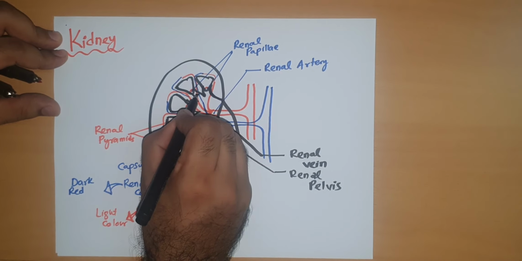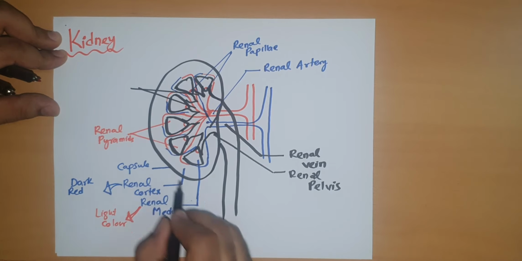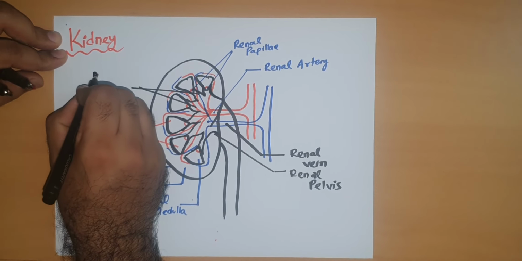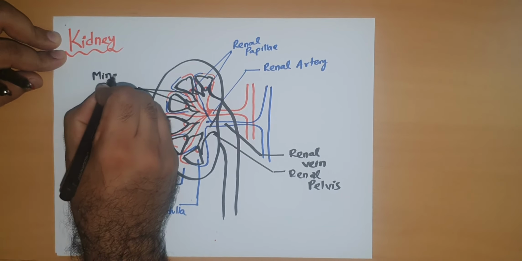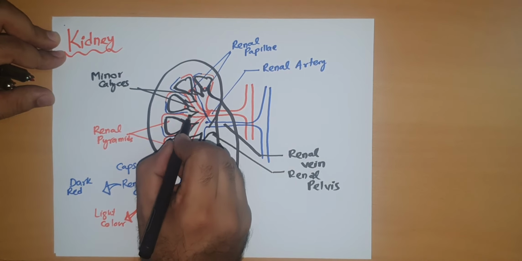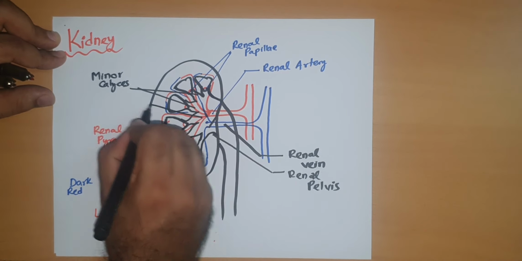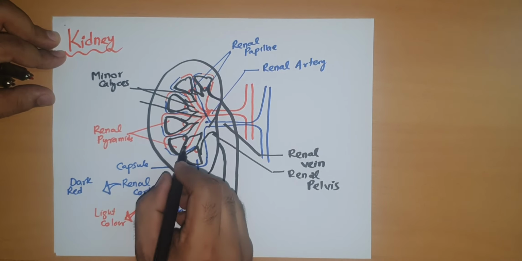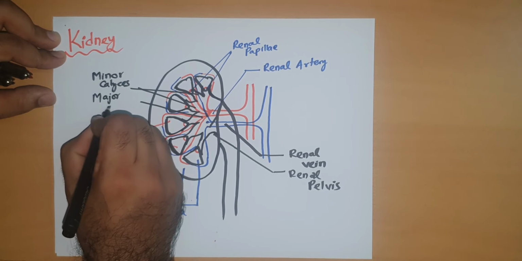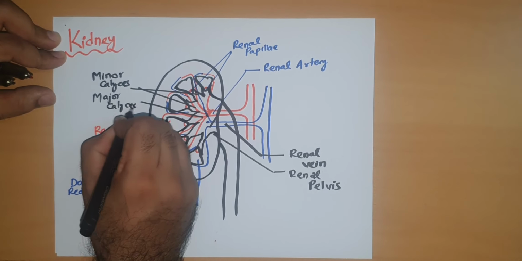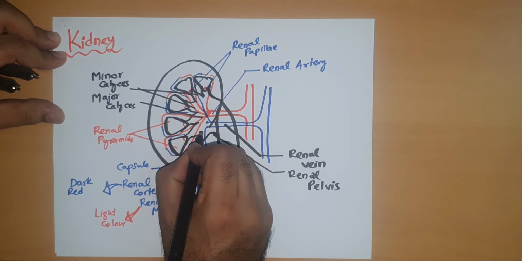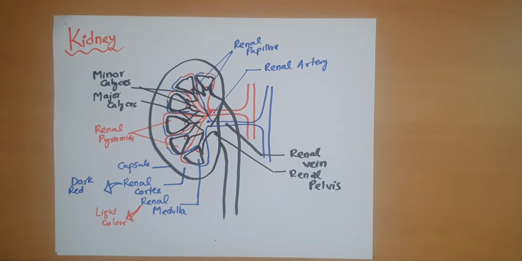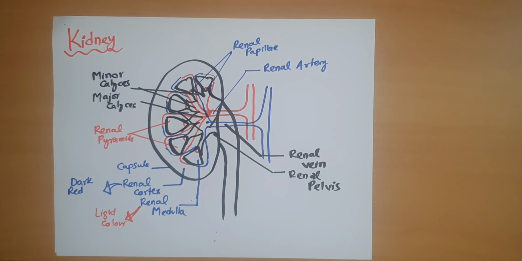Now over here, the diameter is narrower, so here they are called as minor calyces, and where the diameter is wider over here, they are referred as major calyces. Now let me label more than one. So these are called as major calyces.